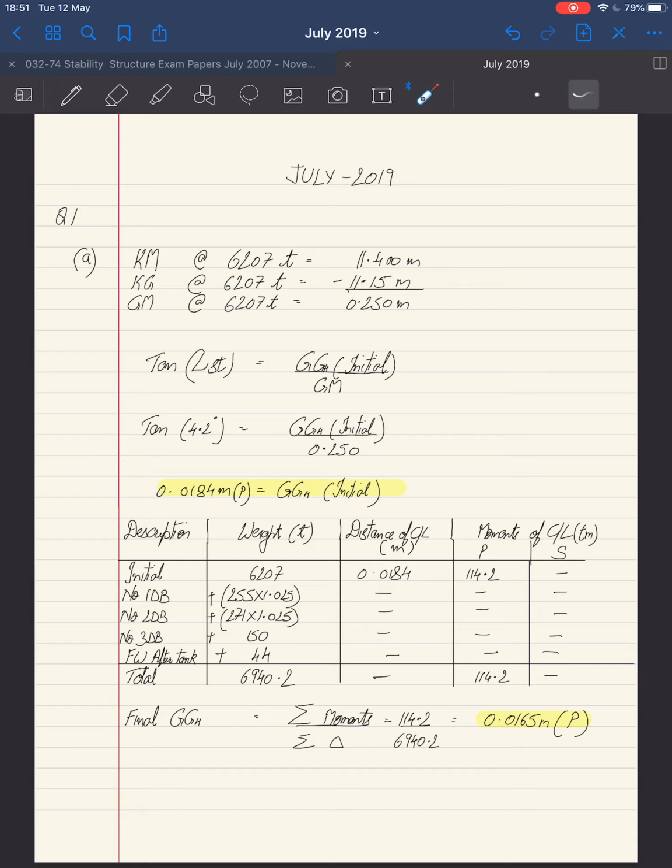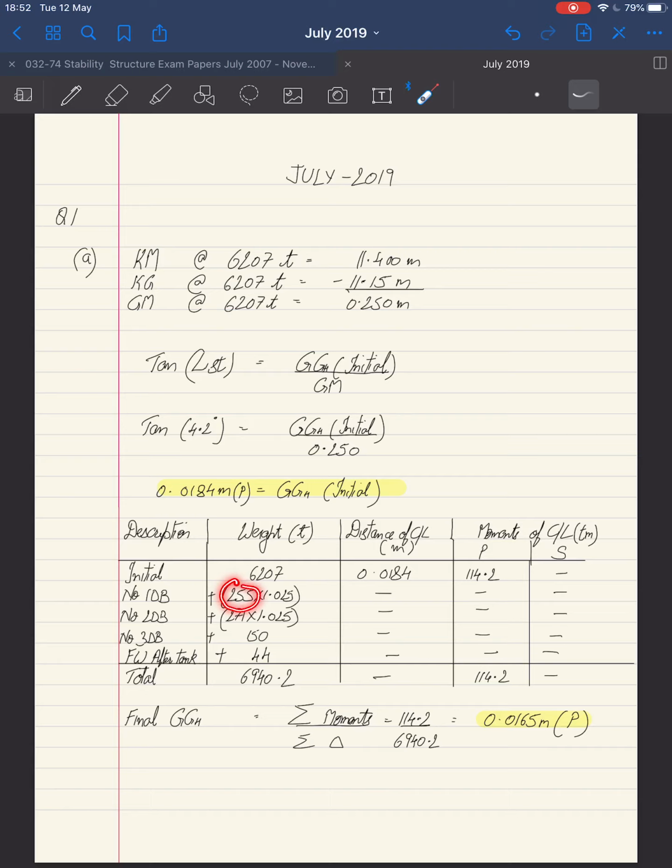We'll then make the entry for number 1 DB tank. The volume of the tank was 255 cubic meters, which is given in the ship's particulars. Since we are taking in ballast and the vessel is in salt water, the ballast is of relative density 1.025.